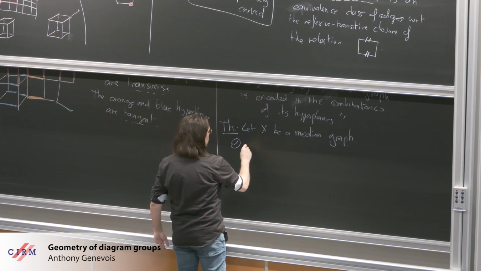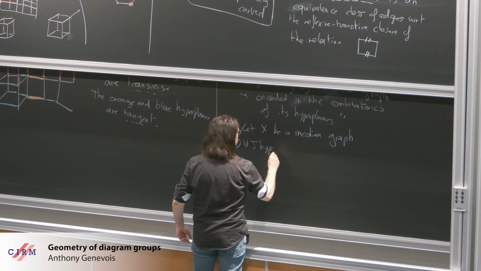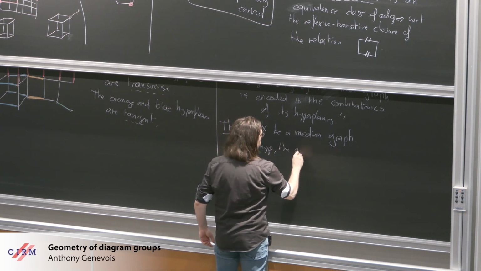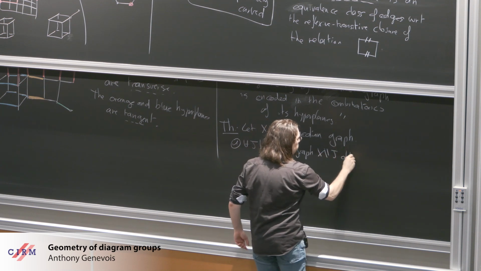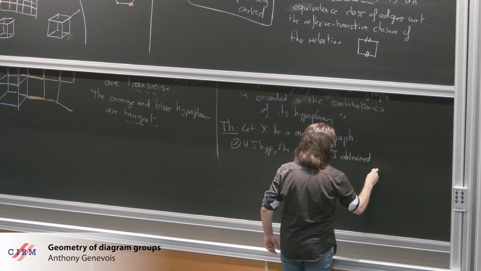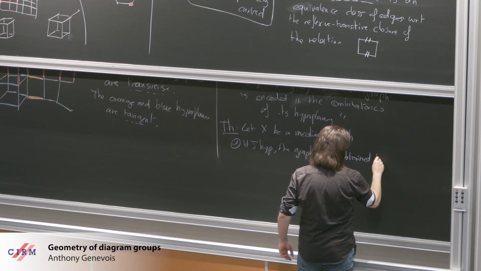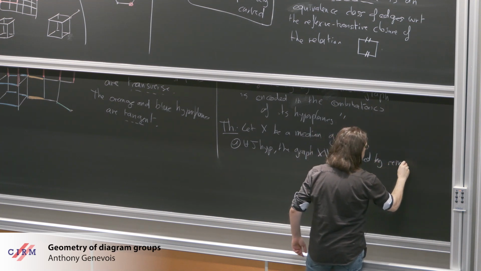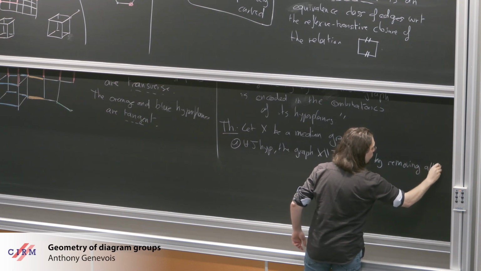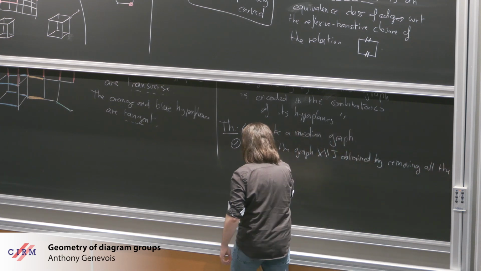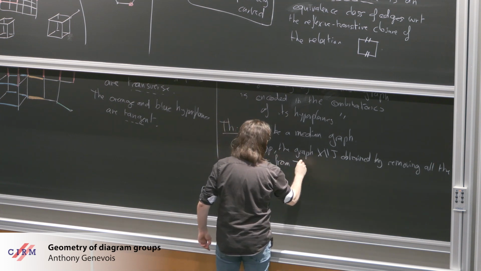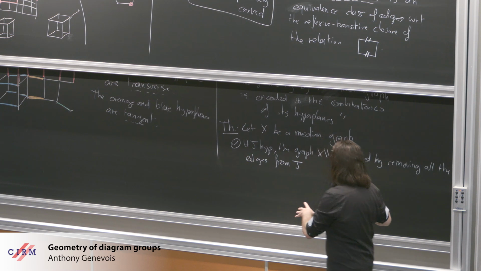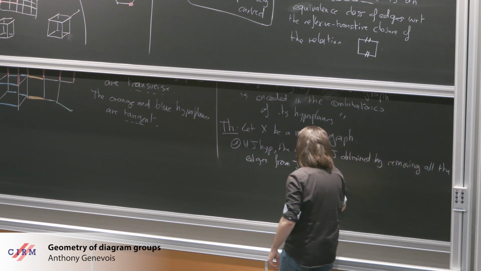So first, for every hyperplane, the graph obtained by removing all the edges from my hyperplane has two connected components, always.